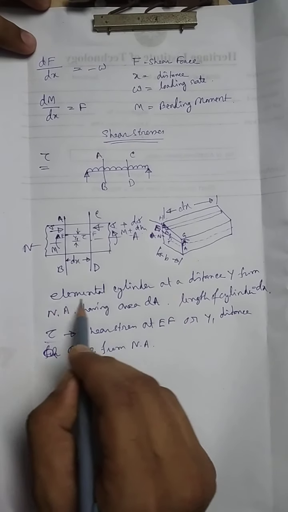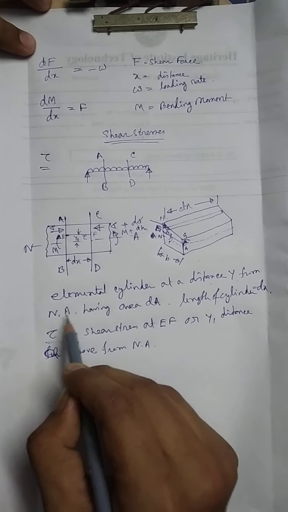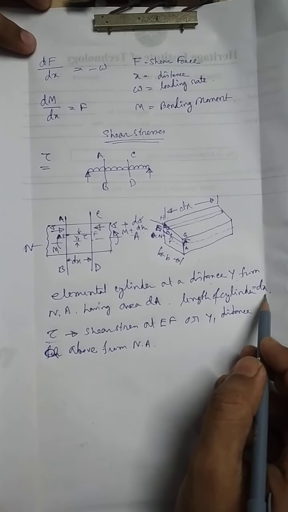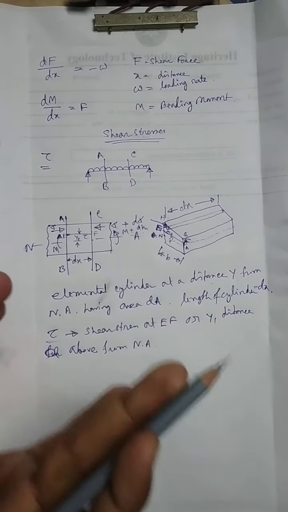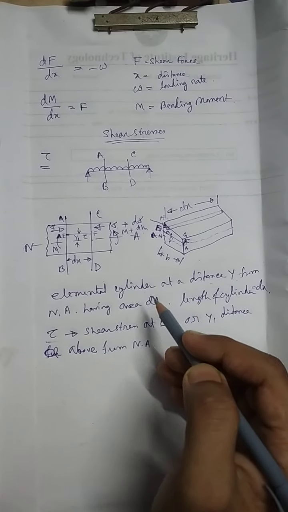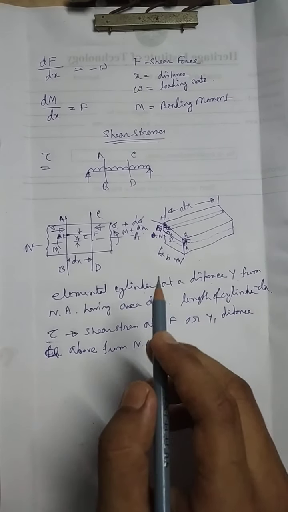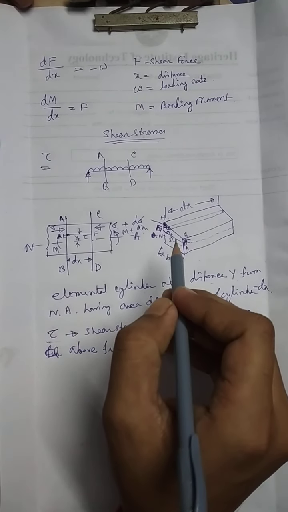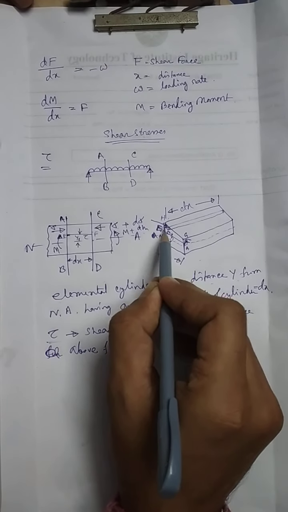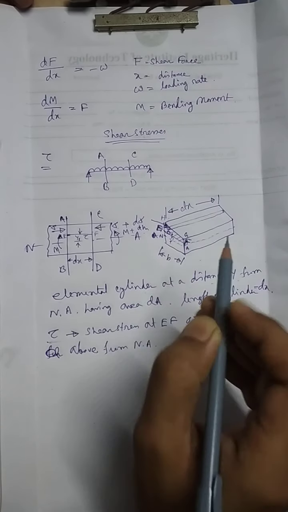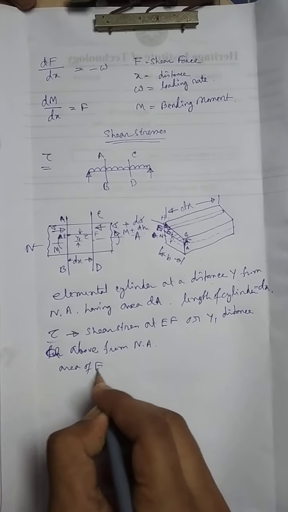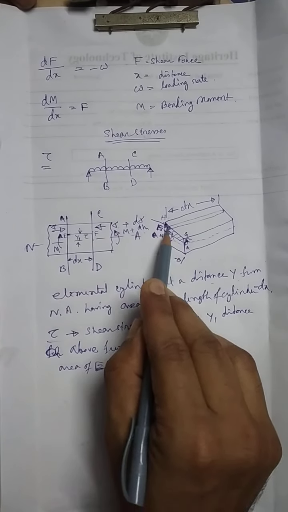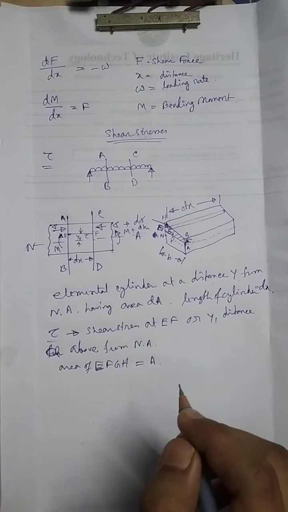That's why we are considering an elemental cylinder at a distance y from the neutral axis, having area dA and length dx. Its breadth is B. The area EFGH, the shaded area above EF, is considered as A.